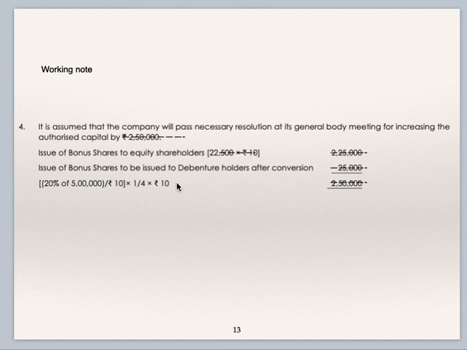You have to mention all this, but there is no need of mentioning the total number of shares in authorized capital. Just make a note that it is assumed that the necessary resolution is passed at a meeting for increasing authorized capital. That note is enough.